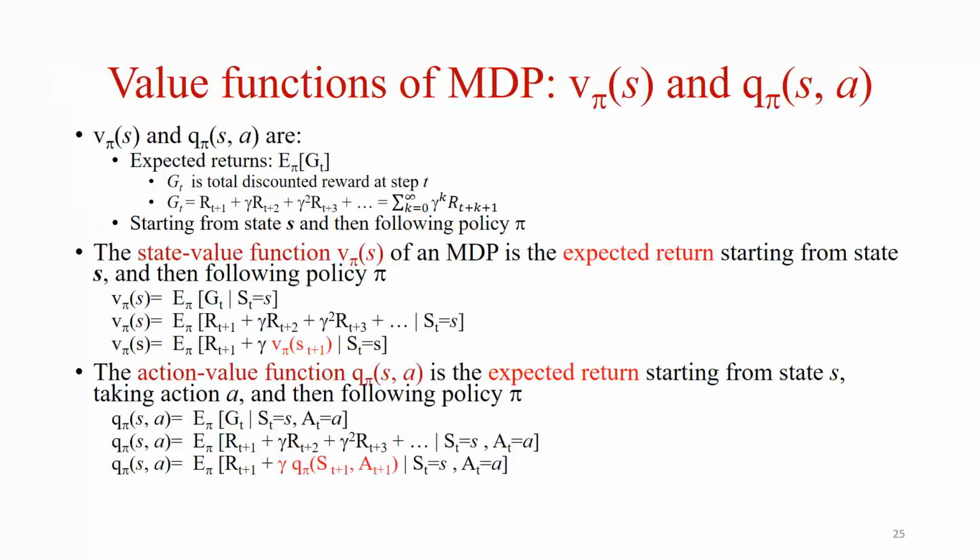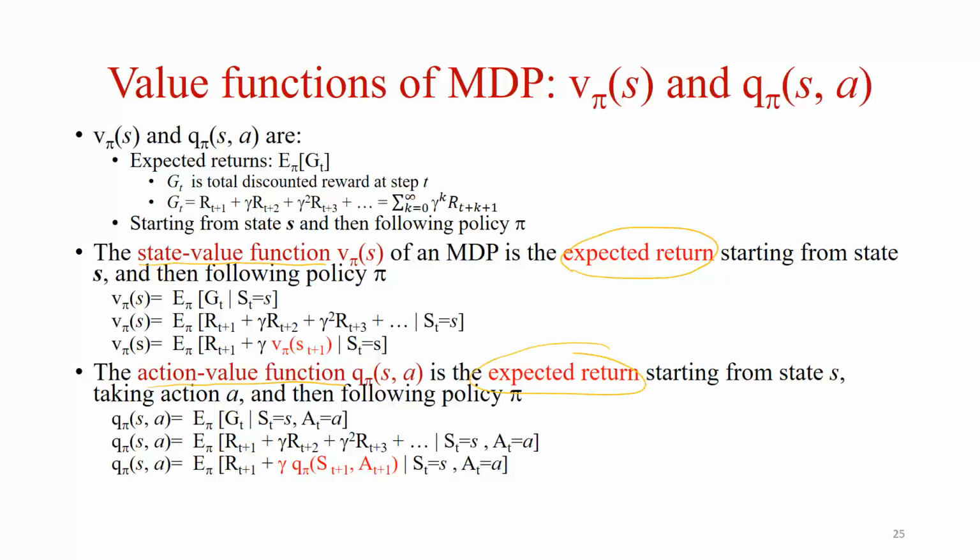What matters to me the most really is the state value function, which defines for me the state value, and the action value function, which both give me the expected return.